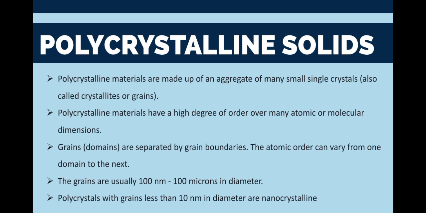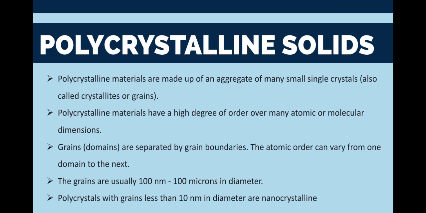Next, the grains or domains are separated by grain boundaries. The atomic order can vary from one domain to the next. In polycrystalline materials, grains or crystalline domains are separated by interfaces known as grain boundaries. These boundaries serve as regions where the atomic order may differ between adjacent grains, leading to variations in crystal orientation and properties.